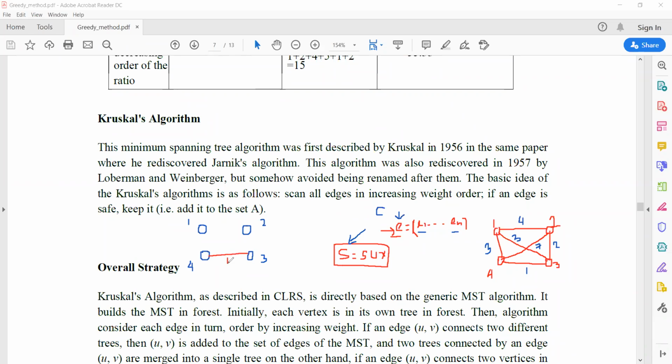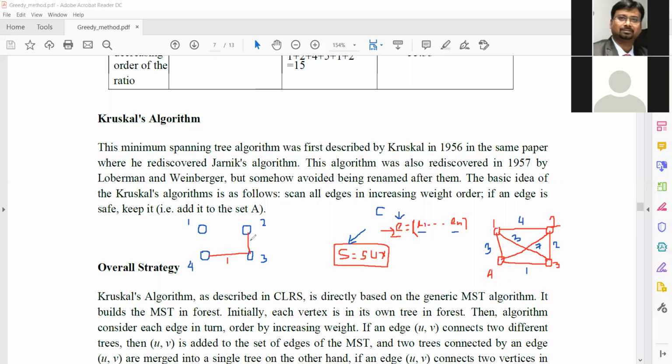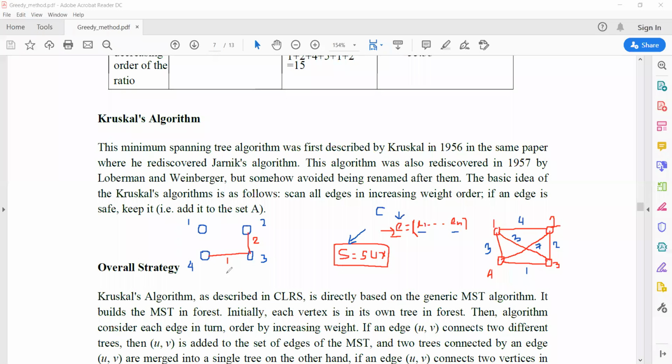The cost is 1. Now 2 to 3, you connect it. You will connect until it makes a cycle. Fine. For the next one, I'm again making a change for discussion.